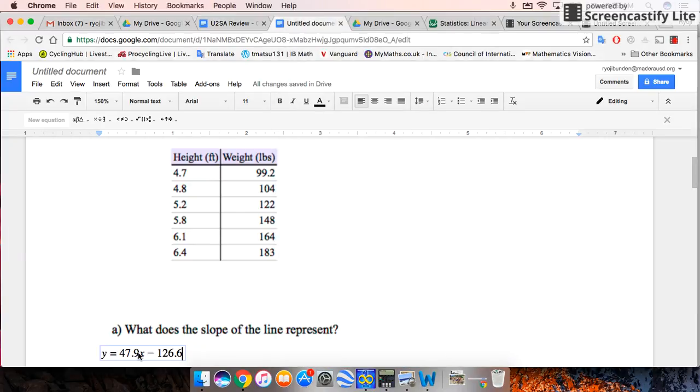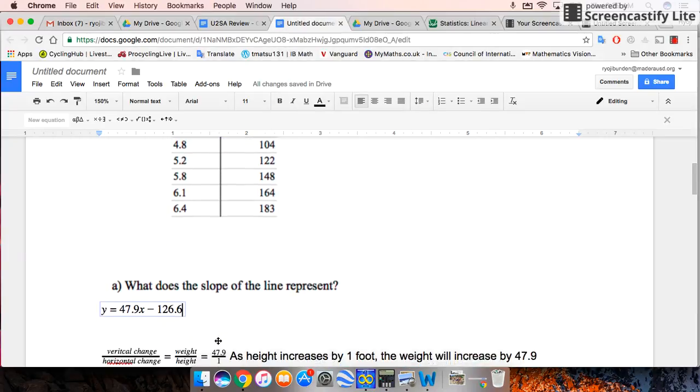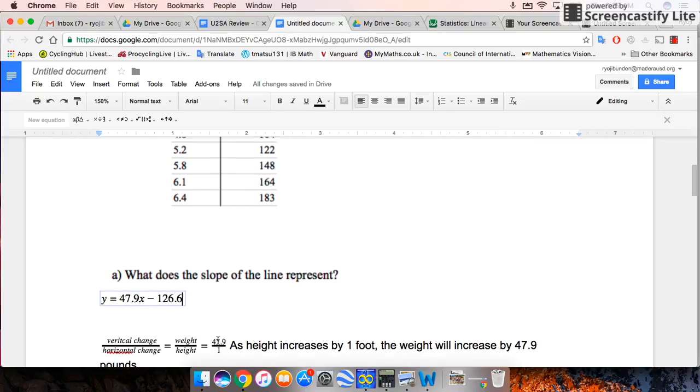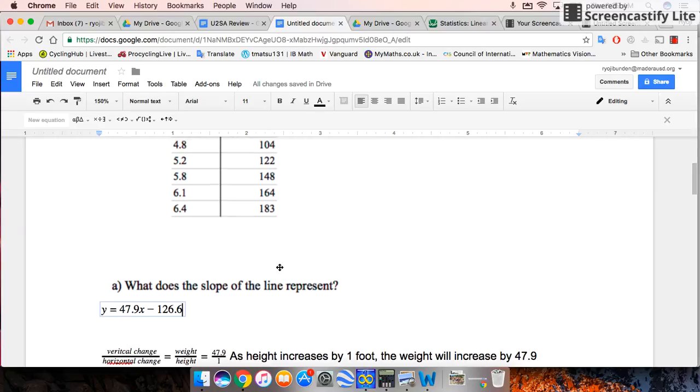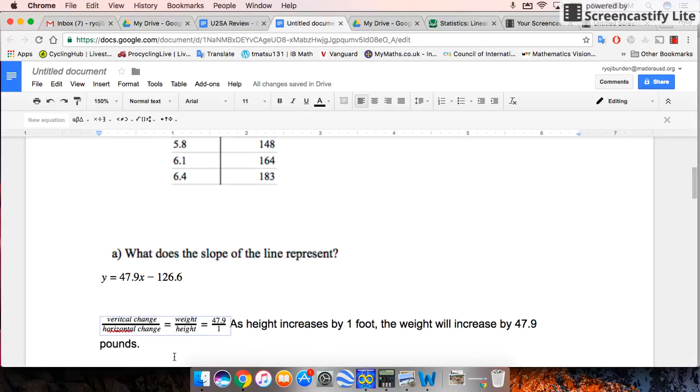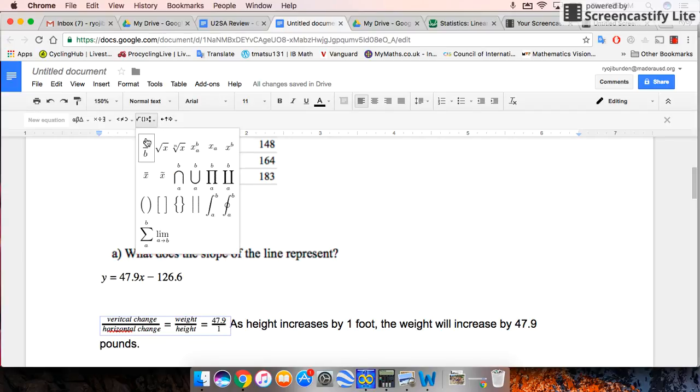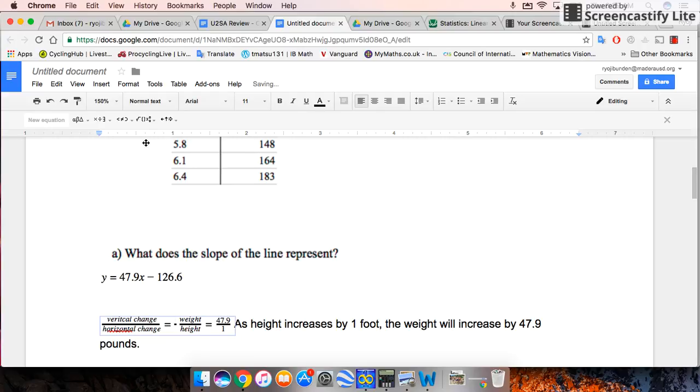47.9, right? So what that means is, remember that the slope is vertical change over horizontal change. In this case, the vertical variable is the y variable, right? Remember we went over this the other day. So this is going to be y over x.